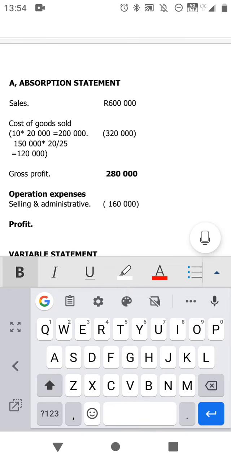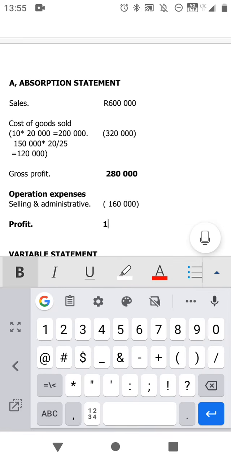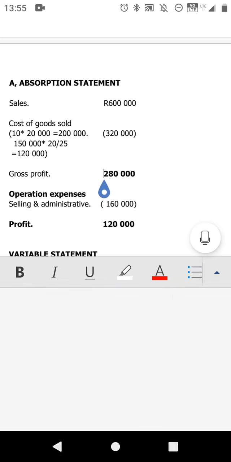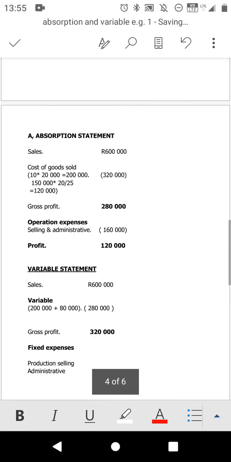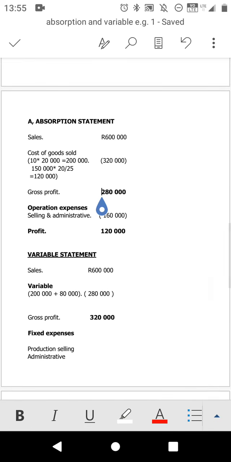It's going to be 280 minus 160,000. It will give you 120,000.